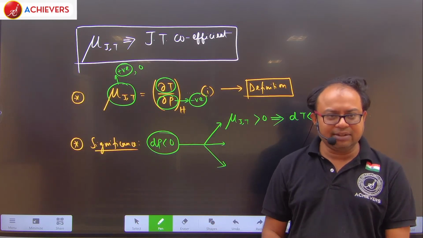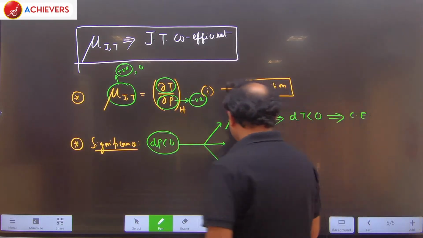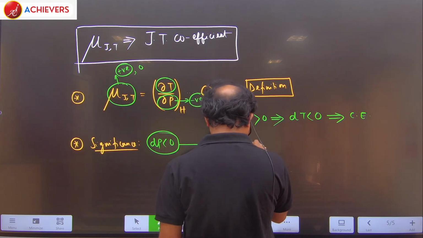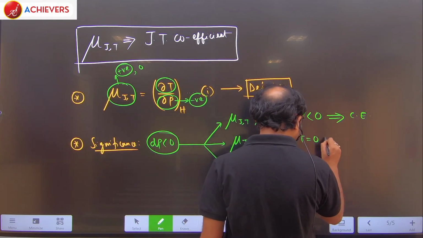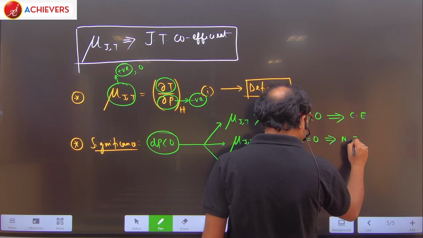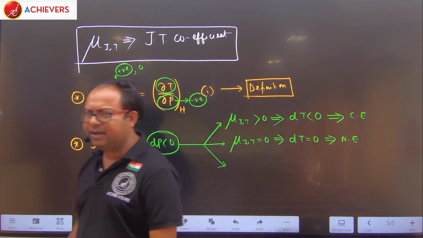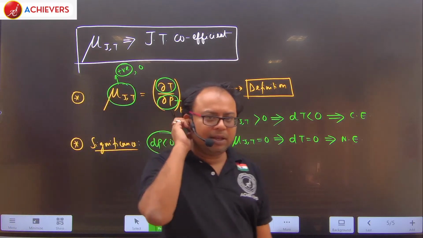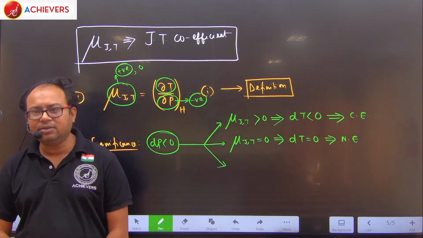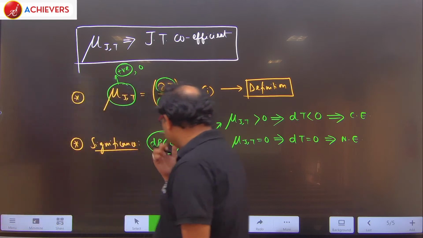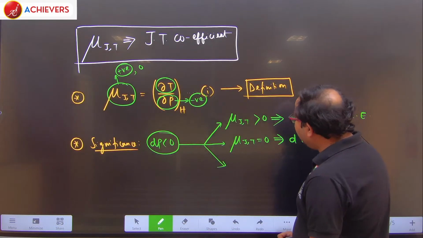This is quite understandable from this equation. That means there is no effect. N stands for no effect. The process becomes isothermal. There is no change in temperature.